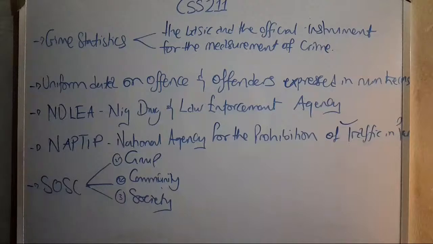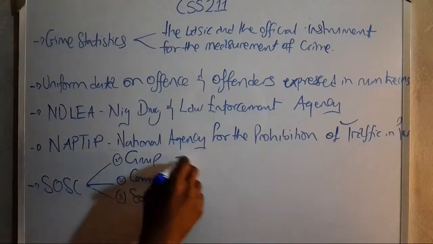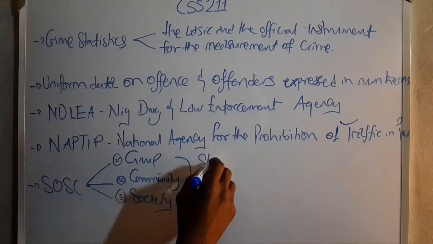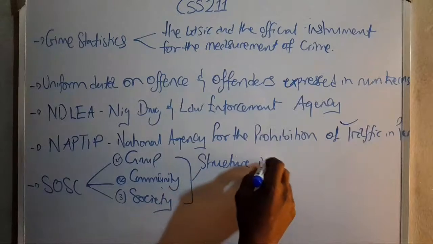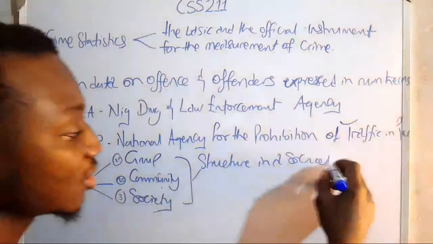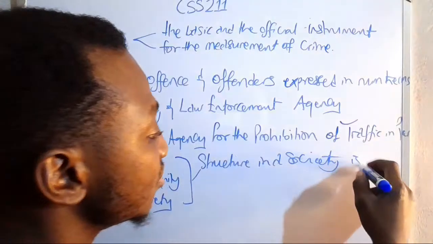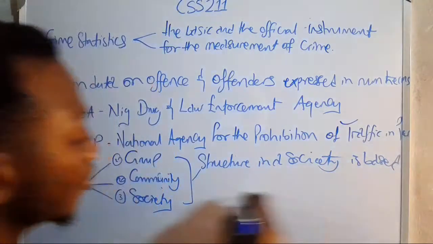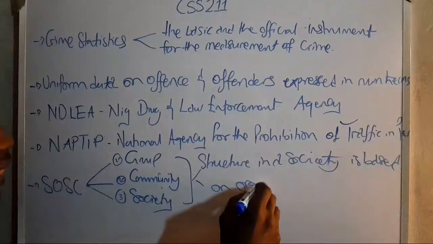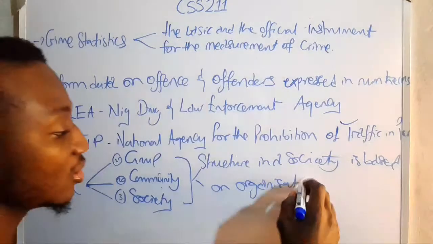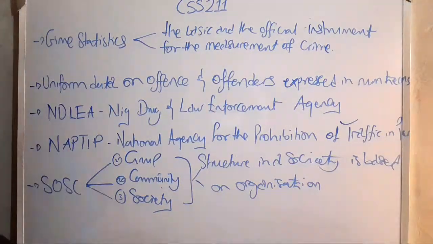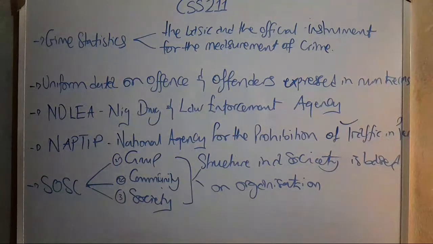Now, structure in a society is based on organization. Like I said earlier, the structure is what puts in place the bodies, the strategies, the entities placed to guard against certain behavior in the society.